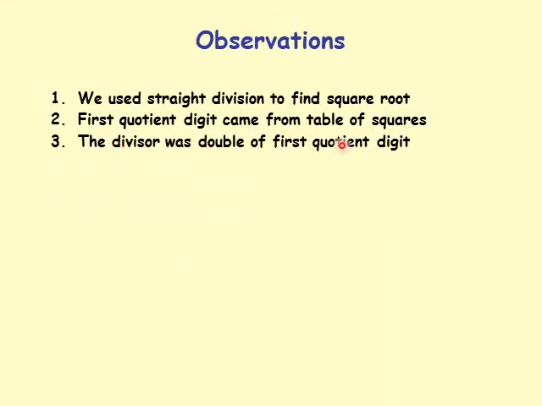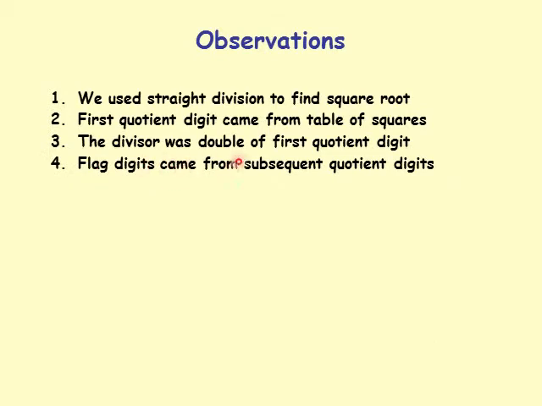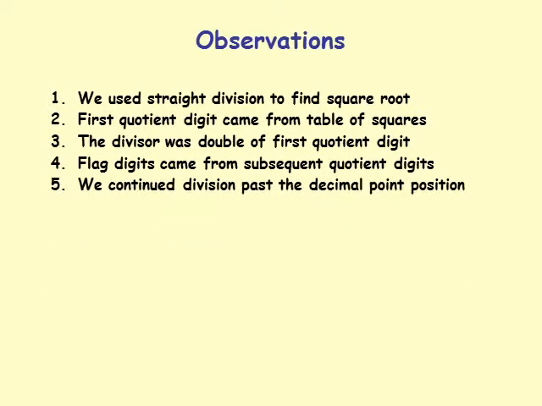The divisor was double the first quotient digit, so we started with the divisor from double the first digit of the square root. Flag digits came from subsequent quotient digits. As we continue to compute further quotient digits, the subsequent square root digits of the answer also went on the flag.